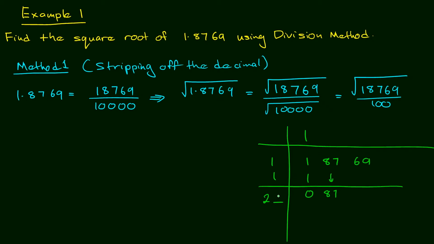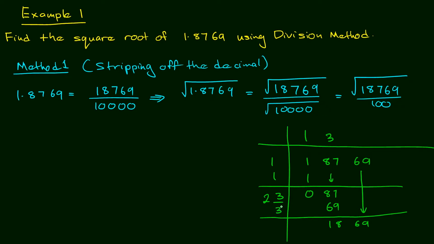And I guess that is going to be 3, because if it's 4, then 24 times 4 is going to be larger than 87. So what is 23 times 3? 23 times 3 can be done right off our mind. That is equal to 69. So the remainder is 18. And let's bring down 69 now.